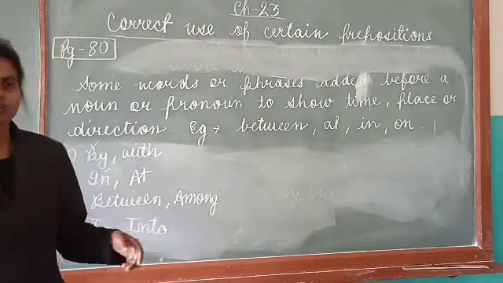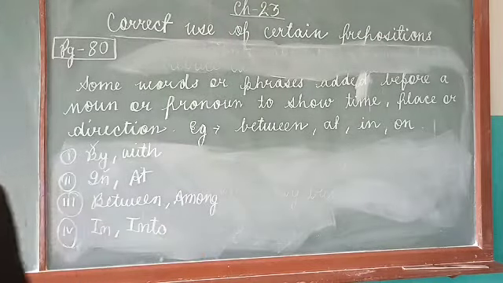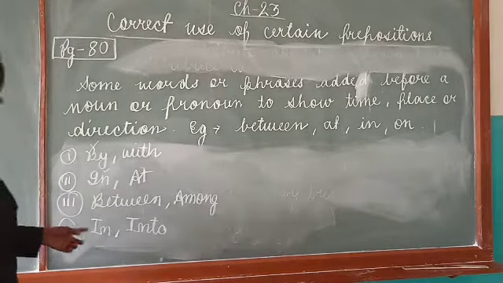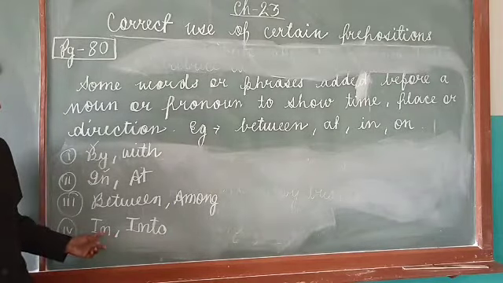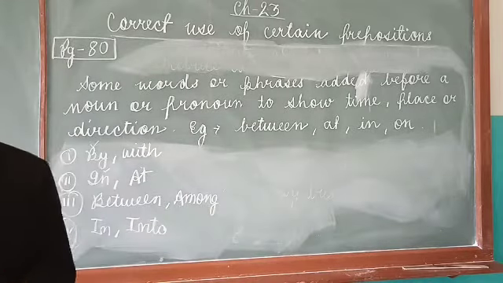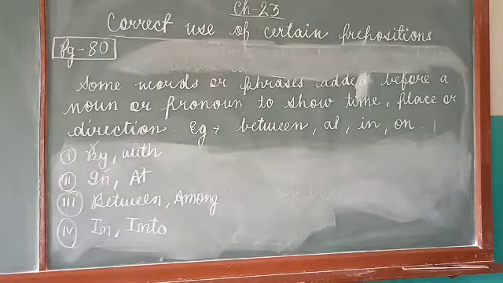When we want to show that something is inside, we use what? In. But we use in whenever the action is in rest position, and whenever any action is in motion, then we will use what? Into. With examples, I have already explained all these things.